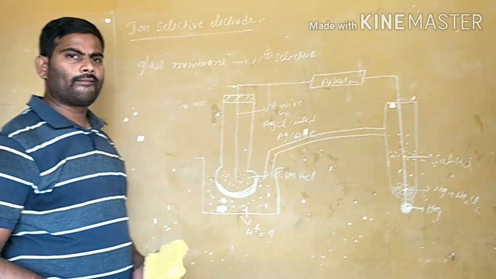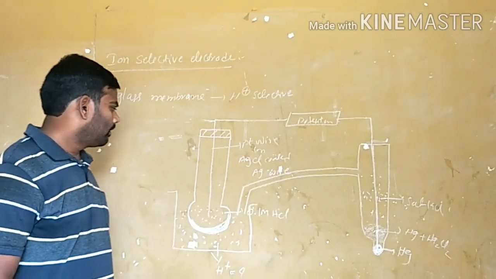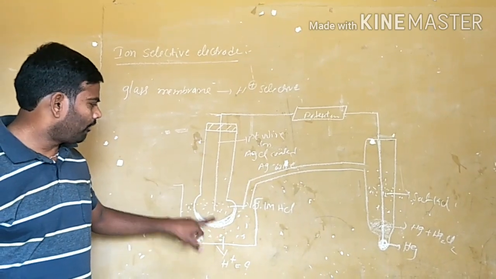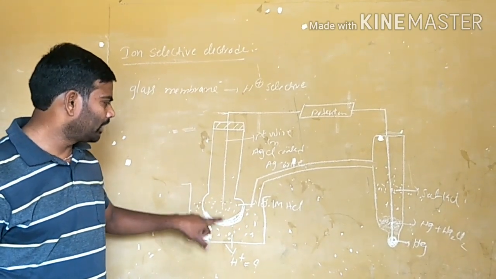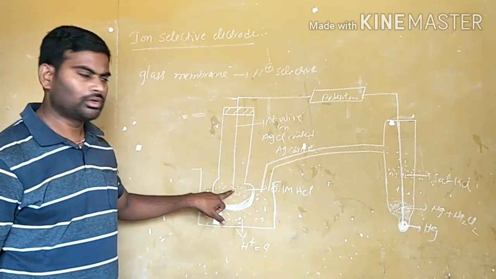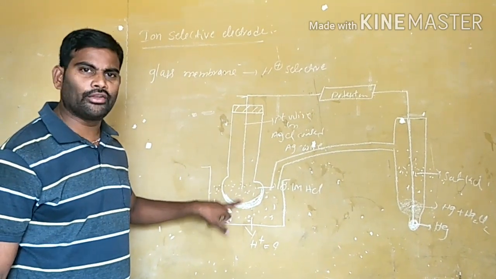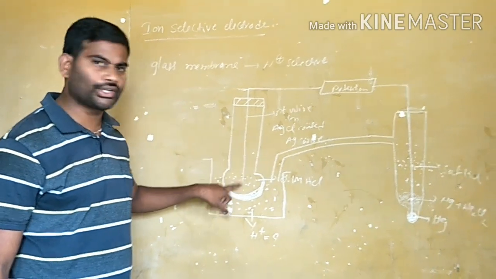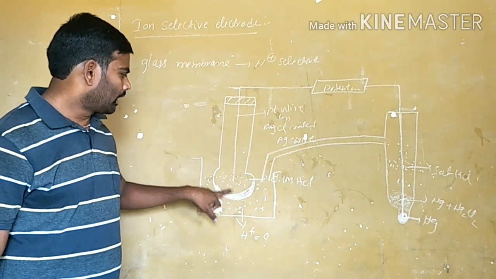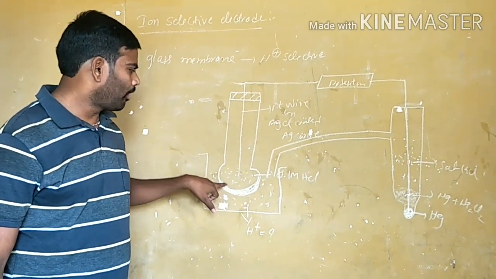When two solutions of different pH values are separated by the membrane, a potential develops between the surfaces of the membrane.